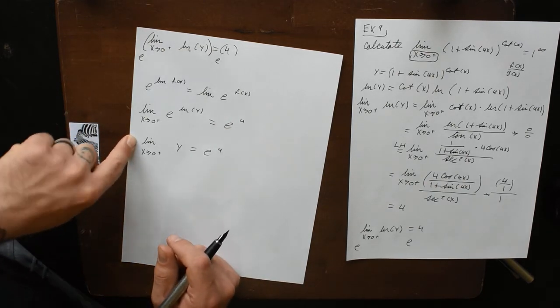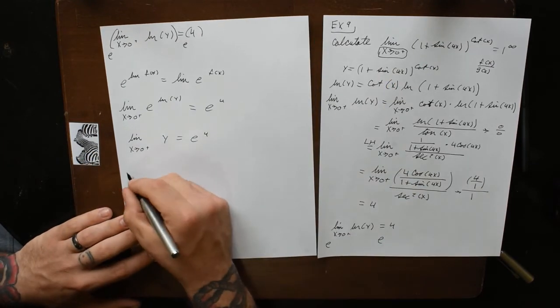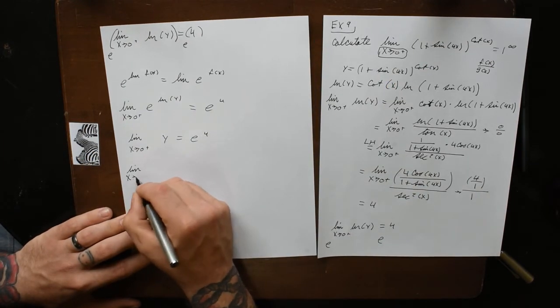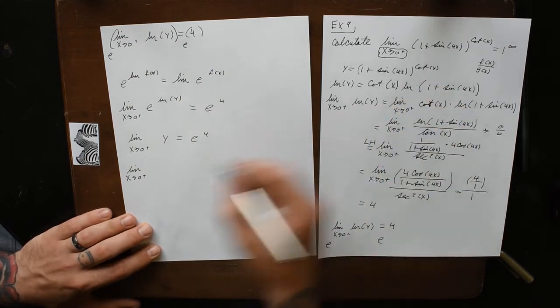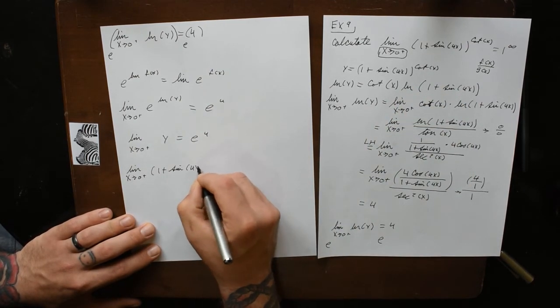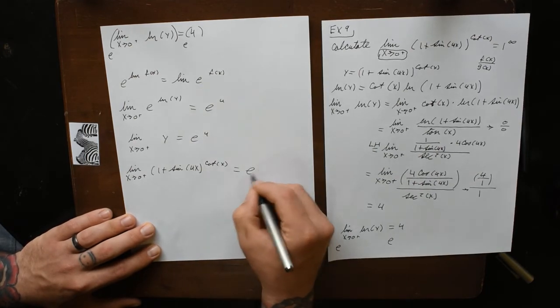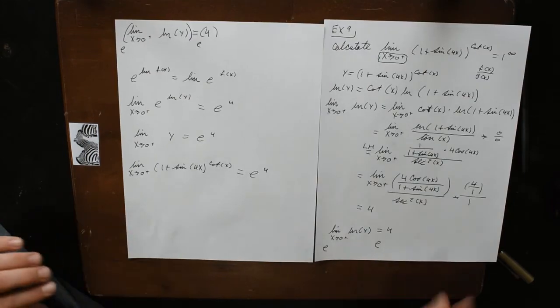It might not look exactly like it, but remember what y is. This shows that the limit as x goes off to 0 from the right of 1 plus the sine of 4x to the cotangent of x is equal to e to the 4th.